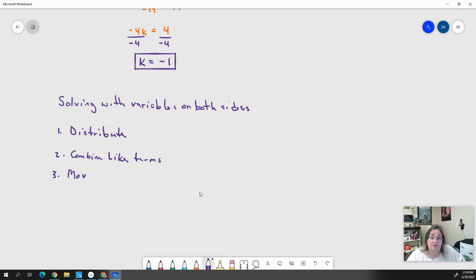We want all the variables on the same side. Move variables to one side. I always like to move them to the left, just so that when I'm done, I have like x equals, but it doesn't matter which I do. And then we're going to solve.